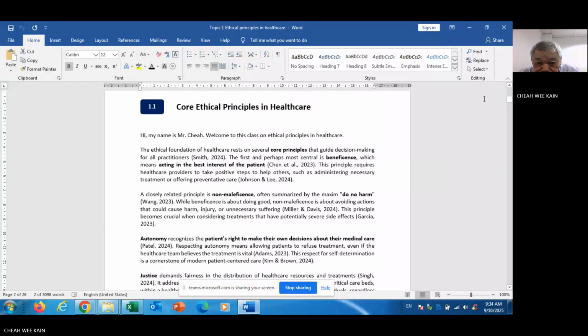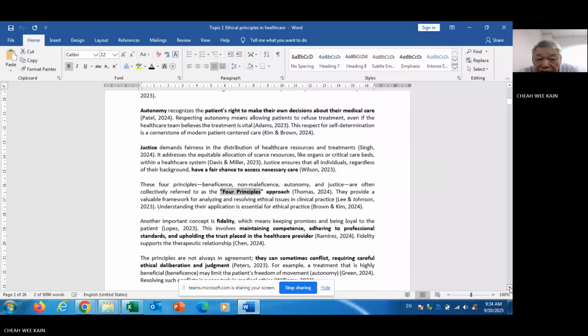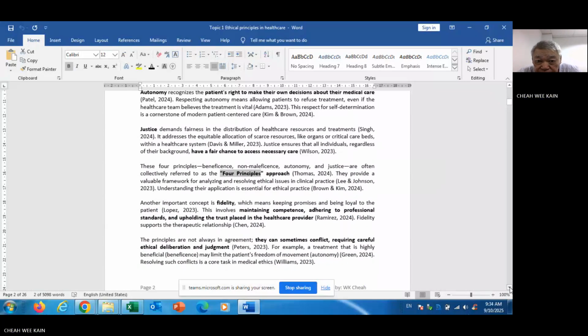First one, beneficence: acting in the best interest of the patient. Second one is do no harm. Third one is, please understand, we must give the information to the patient so that they have a right to make their own decision about their own medical care. Last one is justice. It's actually a demand that there is fairness in providing medical care.